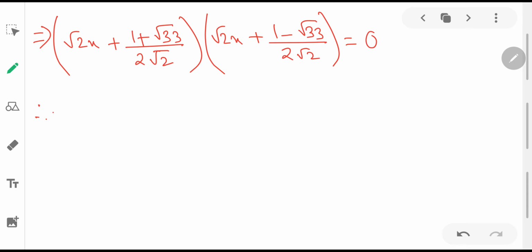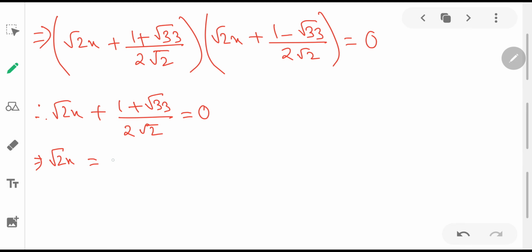So therefore root 2x plus 1 plus root over 33 by 2 root 2 equals to 0. So upon solving we will get root 2x equals to minus 1, and here, if I put a minus here, the symbol will change, minus 1 minus root over 33 by 2 root 2.